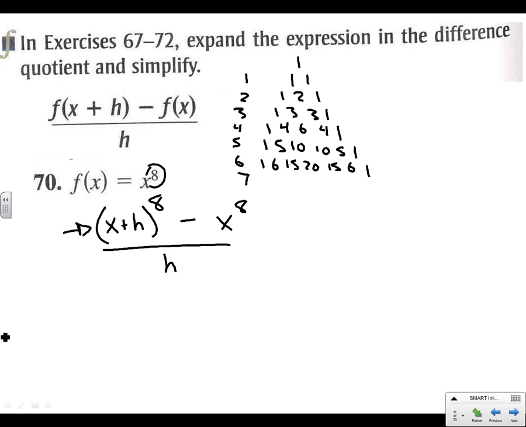So seventh row, it's going to be 1, 7, 21, 35, 35, 21, 7, and 1, and our last row, the 8th here. So 1, 8, 28, 56, 70, 56, 28, 8, and 1.